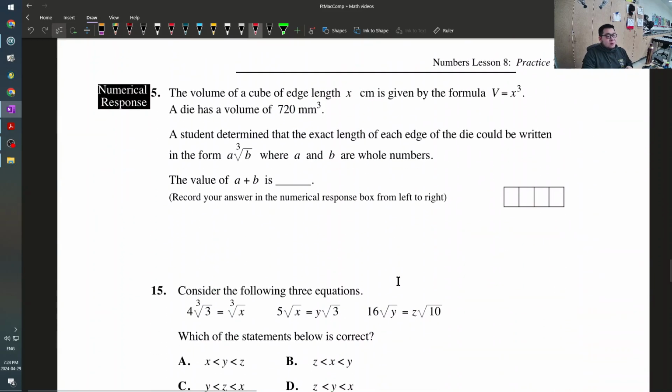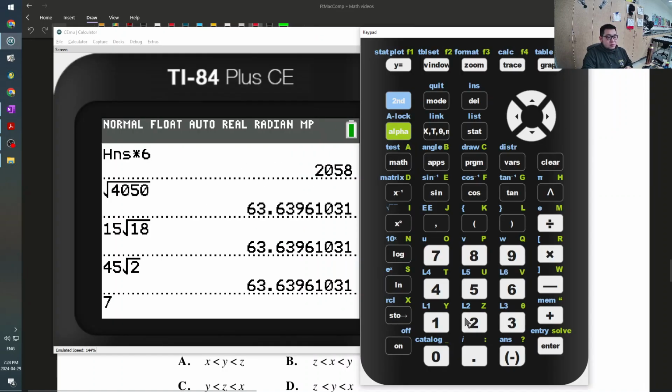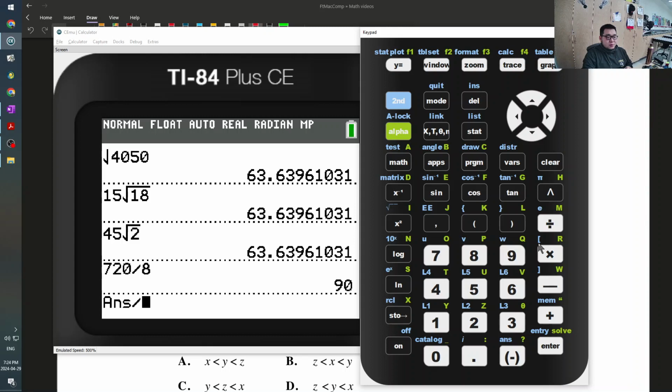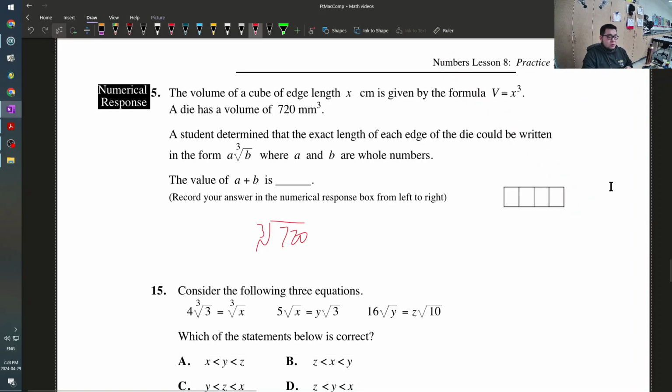15. The volume of a cube with edge length x centimeters is given by this formula. A die has a volume of this. Okay, so I want to do the cube root of 720. I'll do the divide by perfect cube method. So it is 2 times cube root of 90.